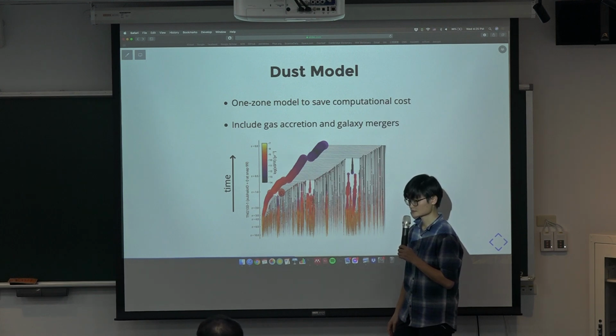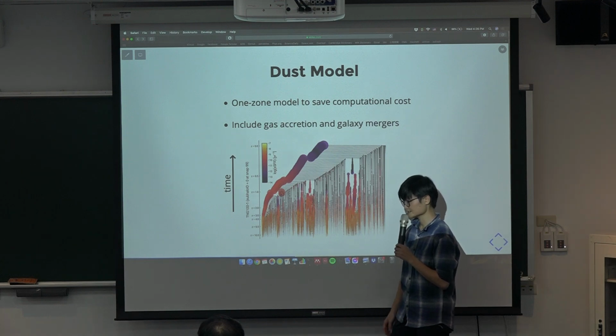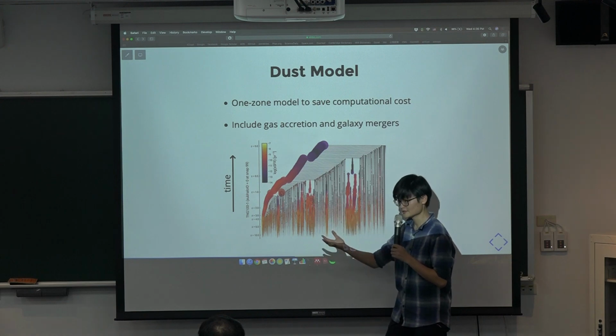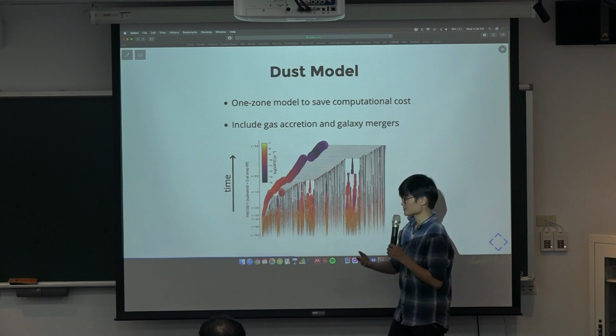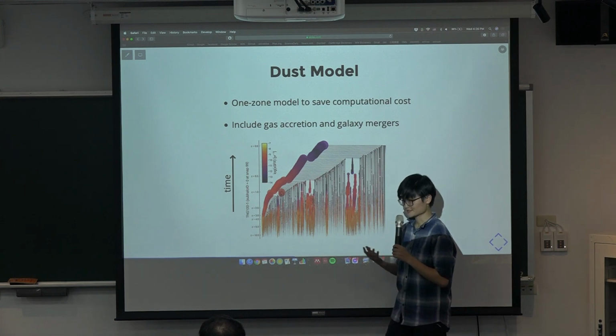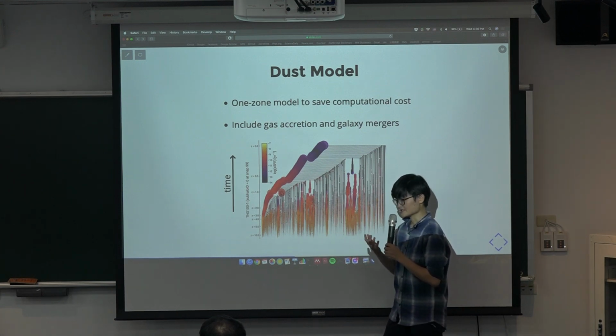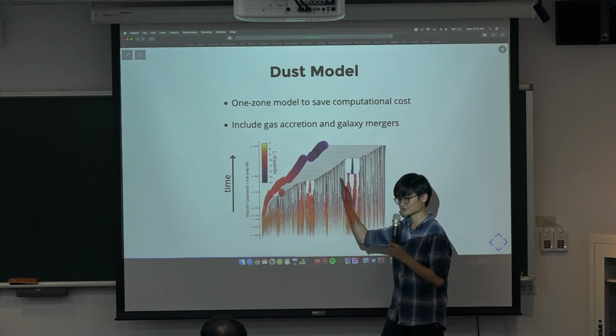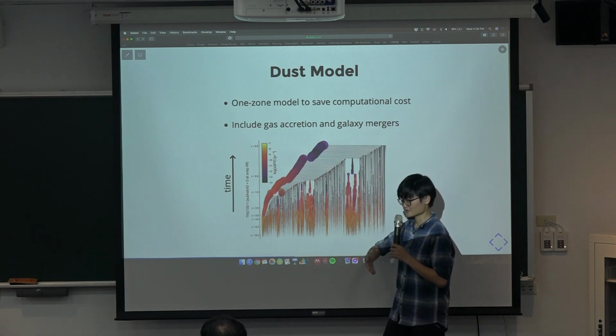So can the dust also be destroyed during this evolution? Yes. Like sputtering, which breaks down large particles, and it can totally destroy them. Also, one of our assumptions is that for any outflow of the galaxy, we simply assume the dust going into that region will never go back.